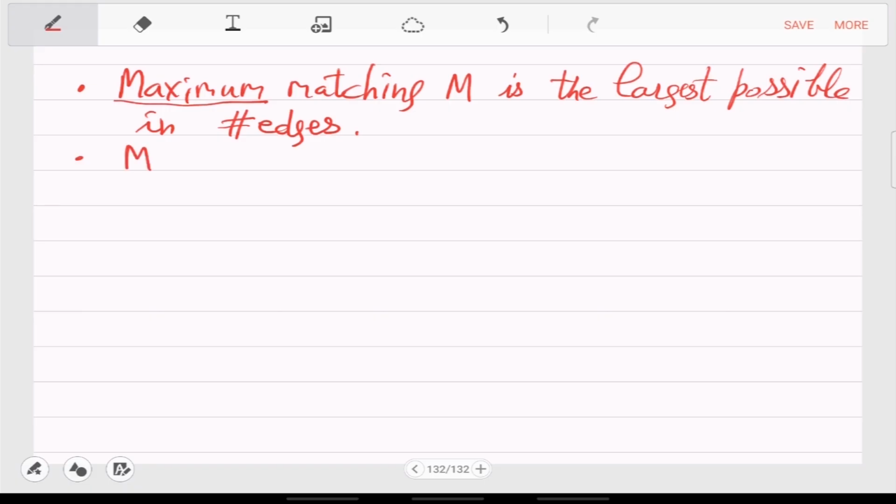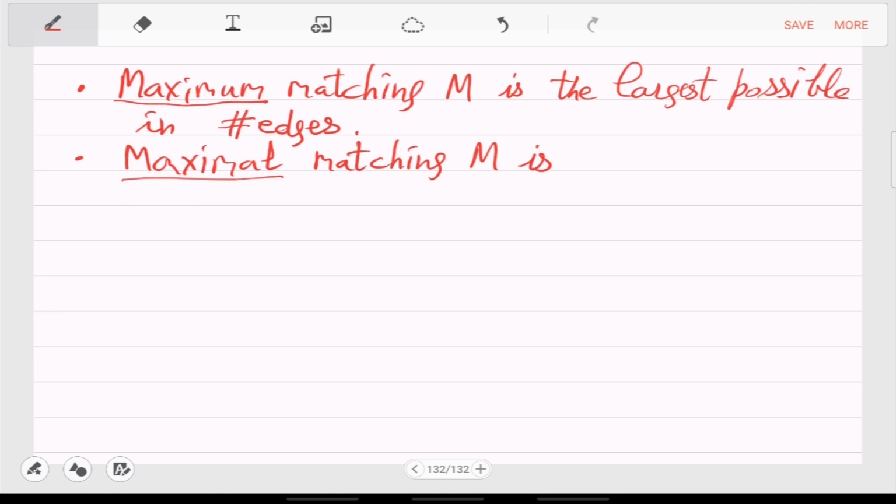And what is a maximal matching? Yeah, so as we have seen before, sometimes the difference between maximum and maximal is that maximal cannot be grown.